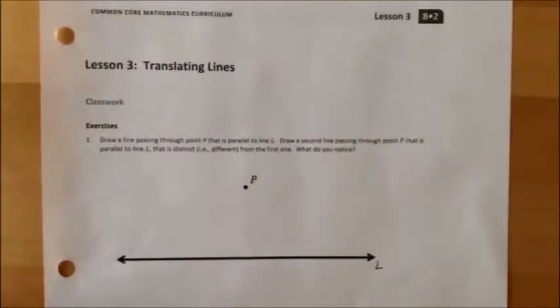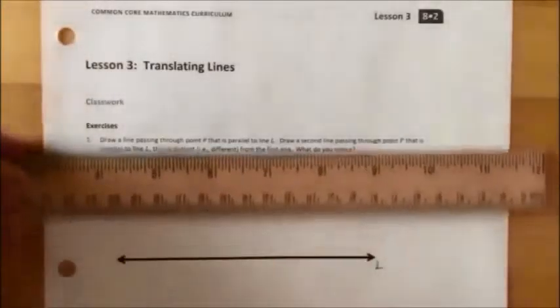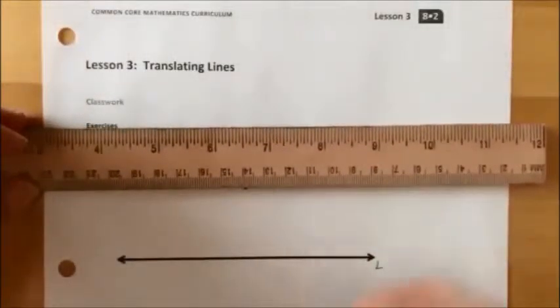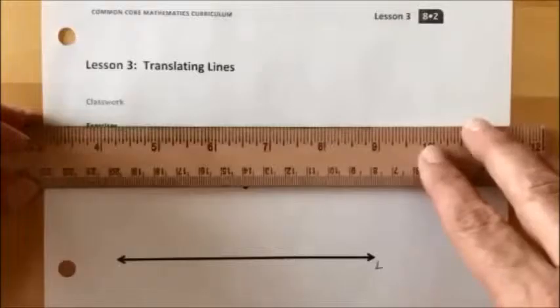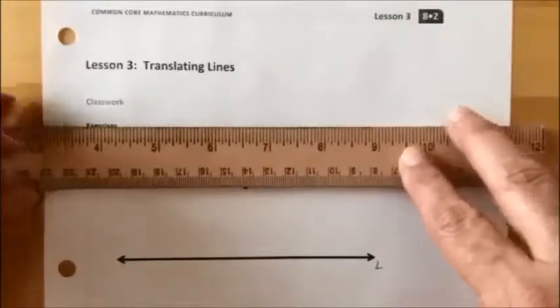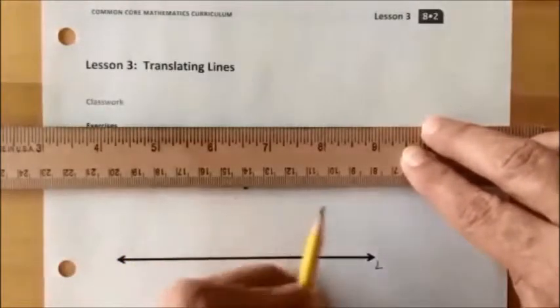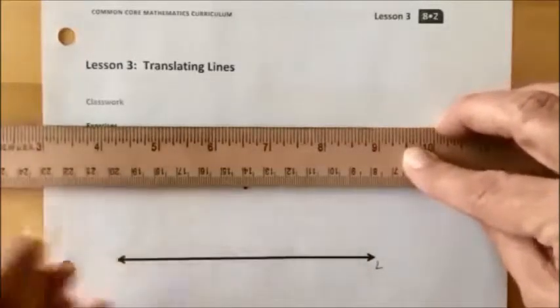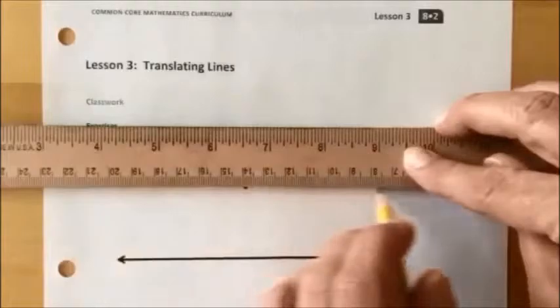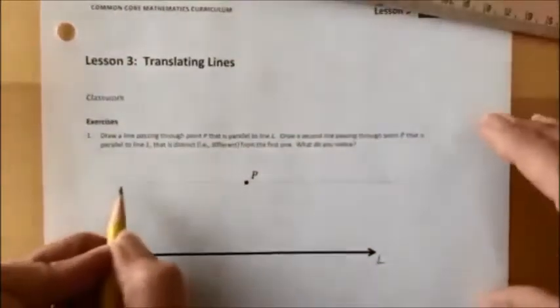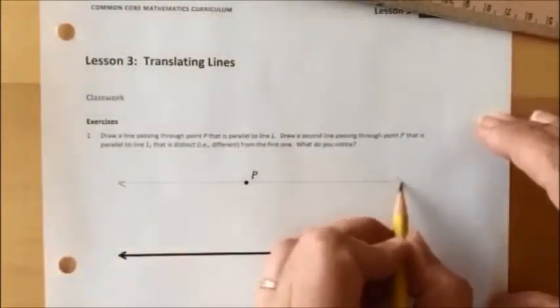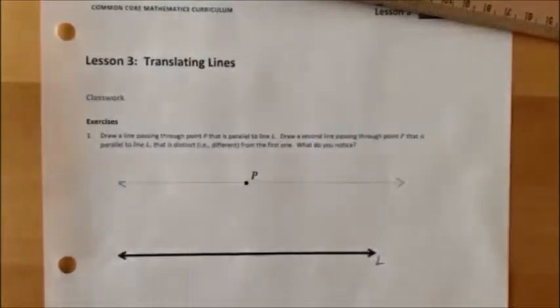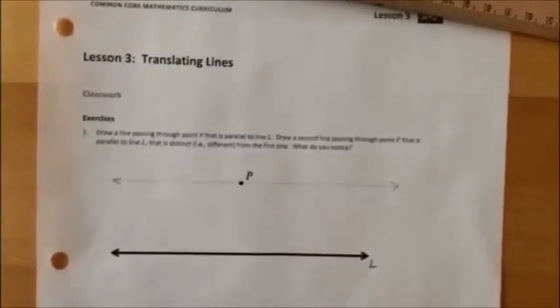All right, so if I was going to do this, I'm going to use a ruler and draw a line parallel. What I'm trying to do is make sure that this line is equidistant from the other line all the way around. I'm just eyeballing it; I could measure. Okay, so there's my line, and I'm saying it's parallel.